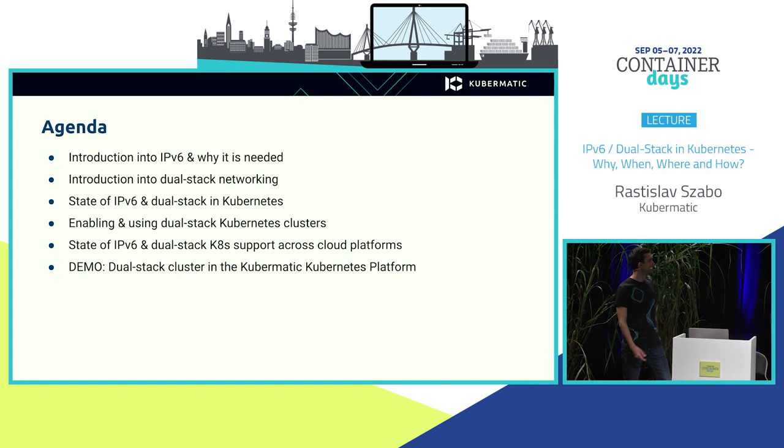And at the end of the presentation, I would like to go over the state of IPv6 and dual stack support across different cloud providers so that you can decide which one would work for you. And at the very end of this talk, I would like to show you a very short demo of dual stack clusters in Kubermatic Kubernetes Platform.